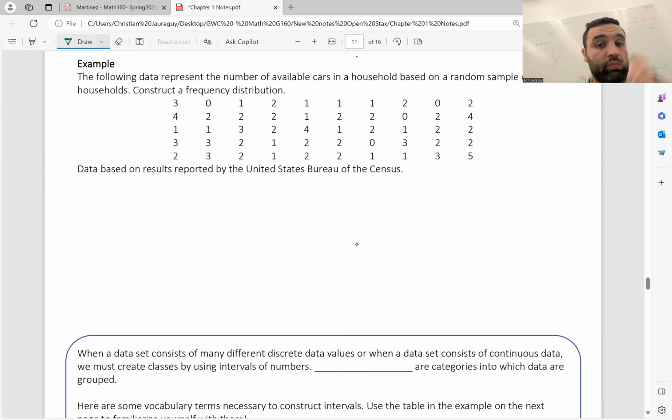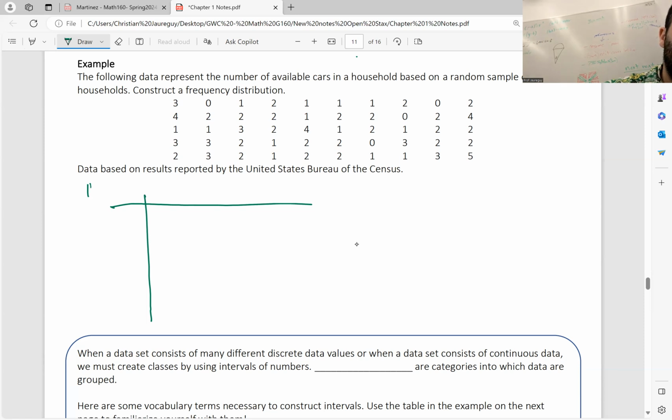So we look at this. We could organize this in a frequency distribution that looks like this. So we're talking about the number of cars. So over here, you'd put number of cars. And then frequency.